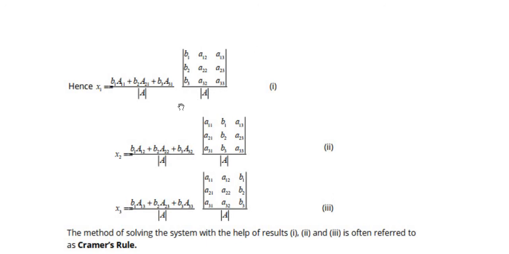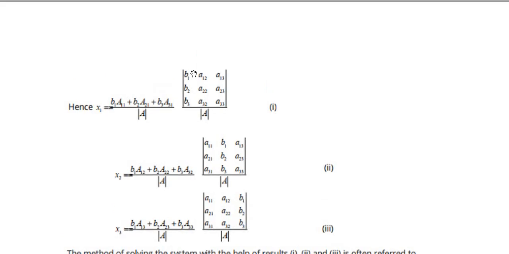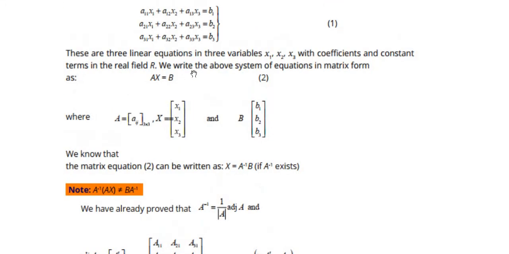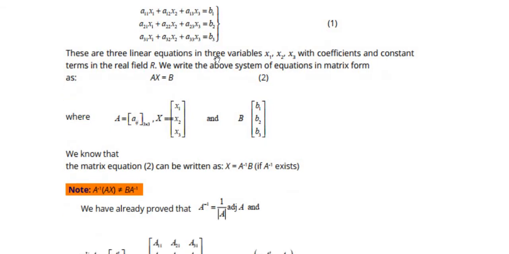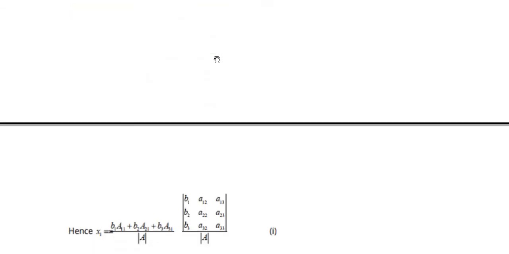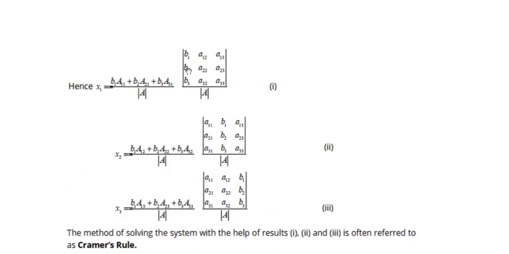Here we can see that we interchange the first column of the matrix with the constants which appear after the equal sign, this one, b1, b2, b3. We interchange the first column of the matrix with b1, b2 and b3 like this, and the determinant of this matrix is then divided by determinant of A.